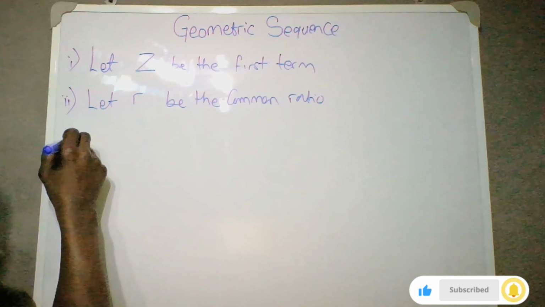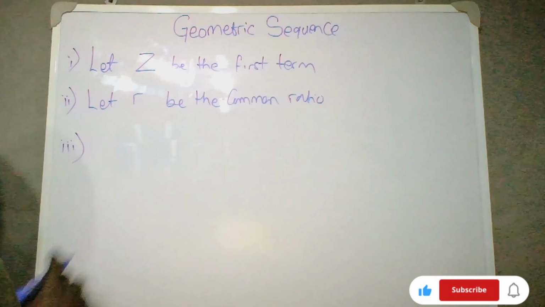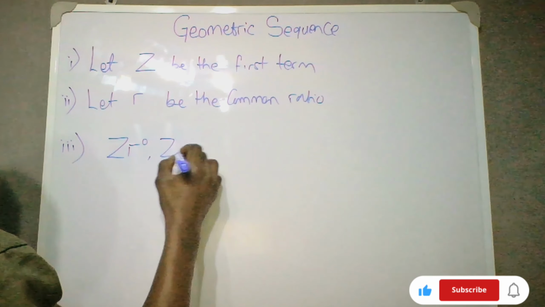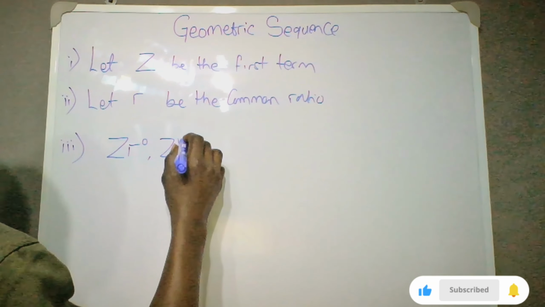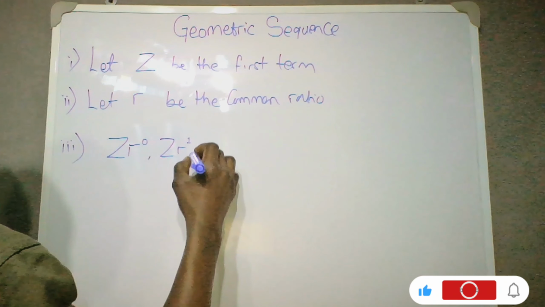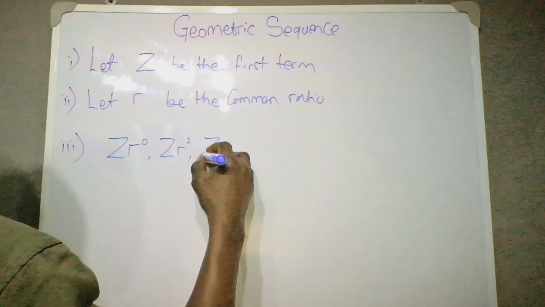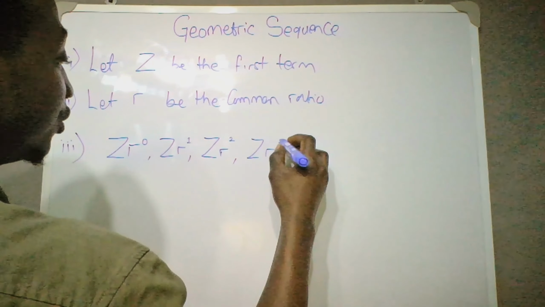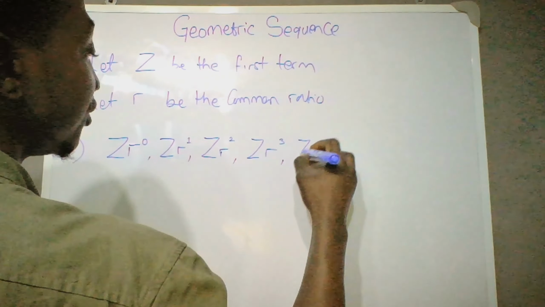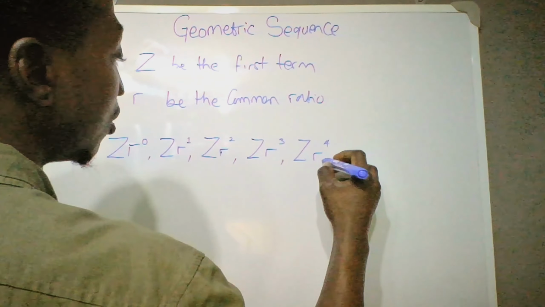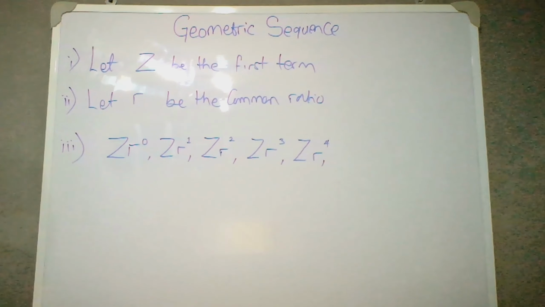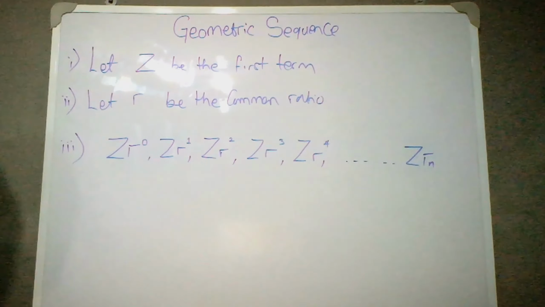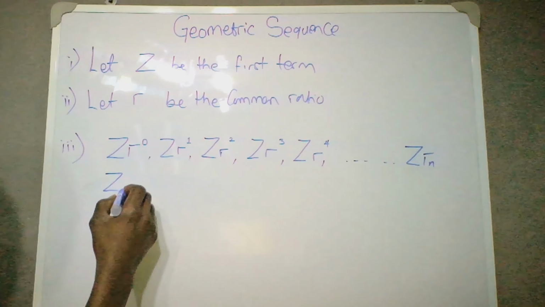So we have ZR raised to power 0, ZR raised to power of 1, ZR raised to power of 2, ZR raised to power of 3, ZR raised to power of 4, and ZRN.